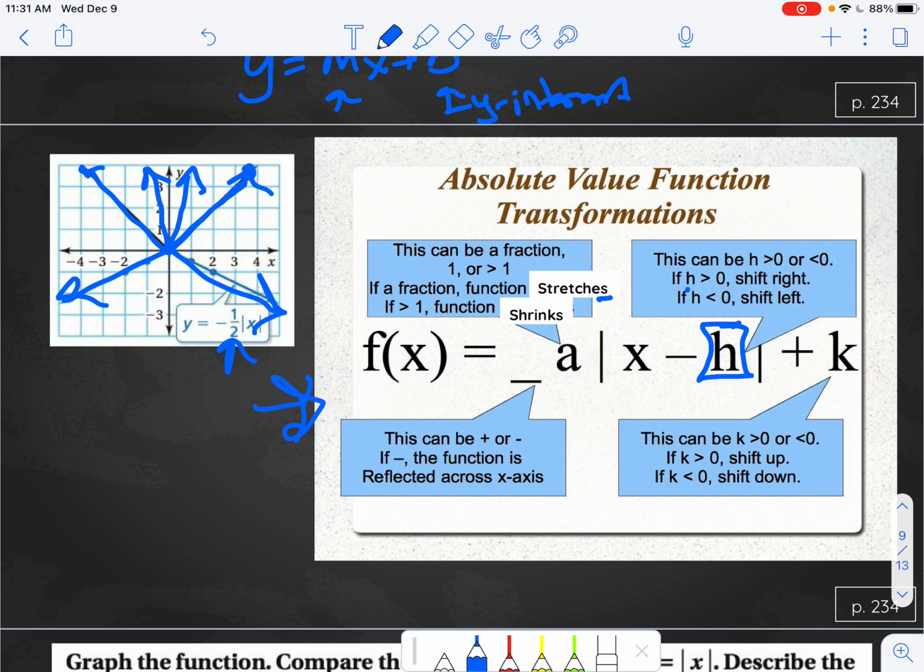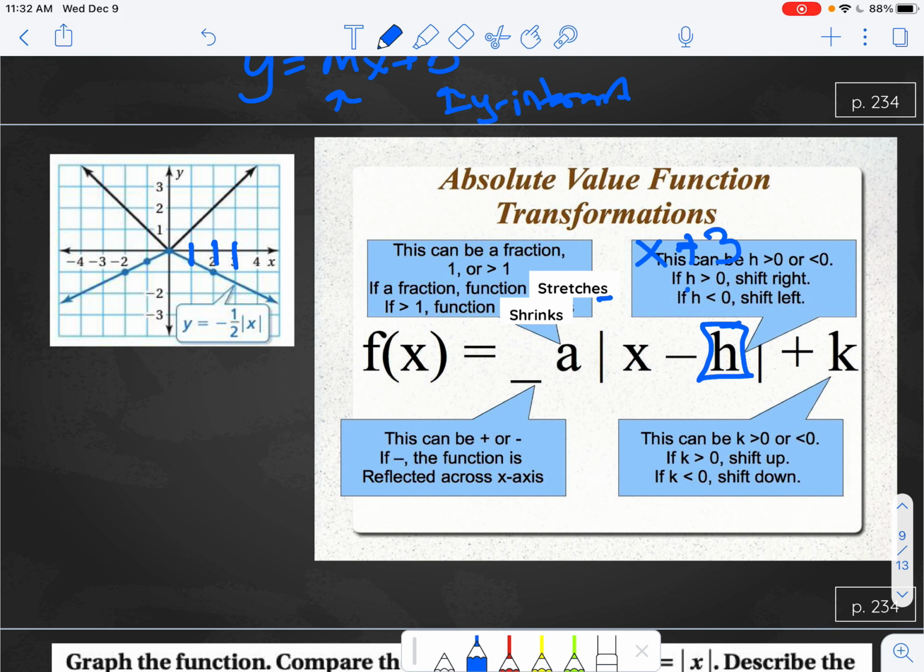If it is greater than 0, then we shift to the right. We move to the right. So if it's something like x minus 3, remember minus is kind of the default, so we just look at this 3, then we move to the right.